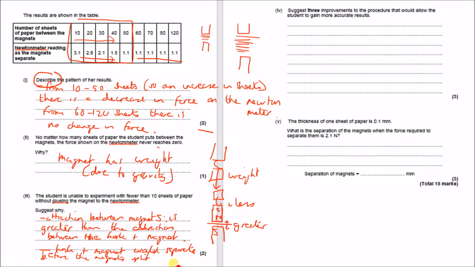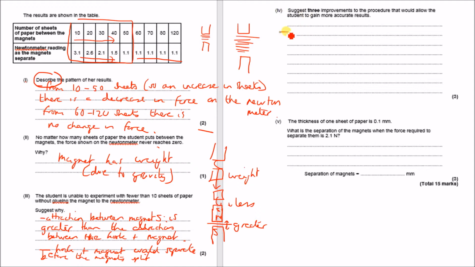Okay, right, suggest 3 improvements to the procedure that would allow the student to gain more accurate results. Now on the mark scheme there's lots of ideas, but I'd really like you to stick to the ones that I think are the best answers, because some of them talk about reliability, doing it more than once, and by carrying out things more than once you will get a more accurate result. However, you should really be using the term reliable.